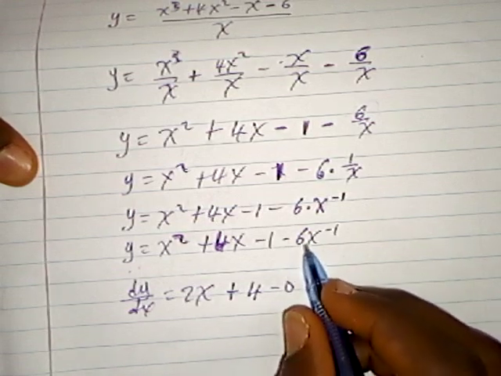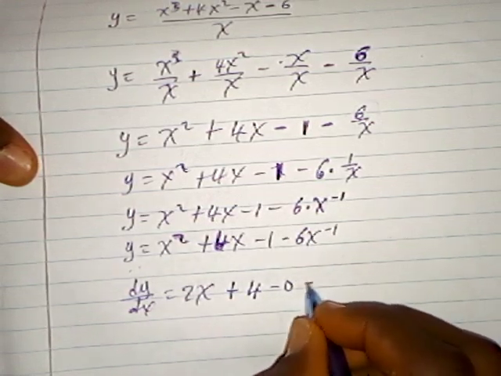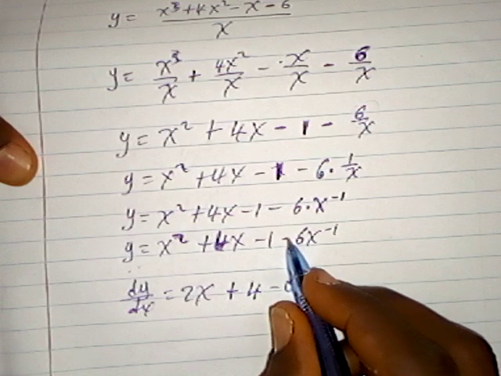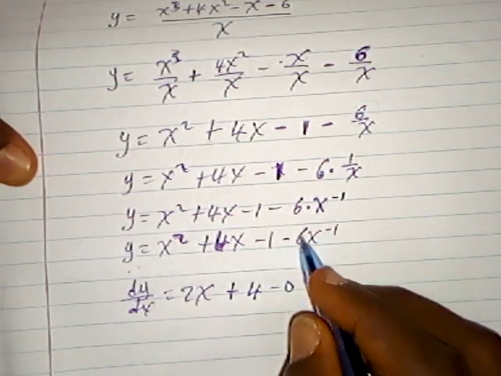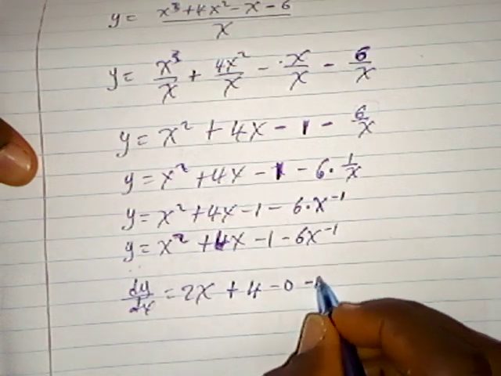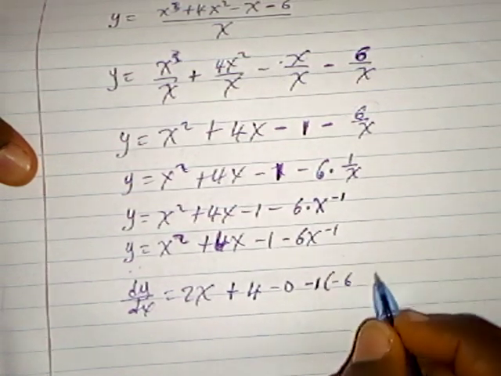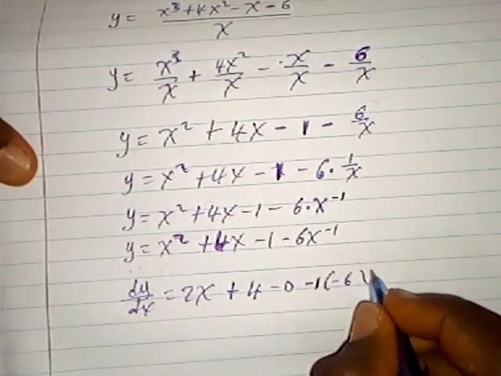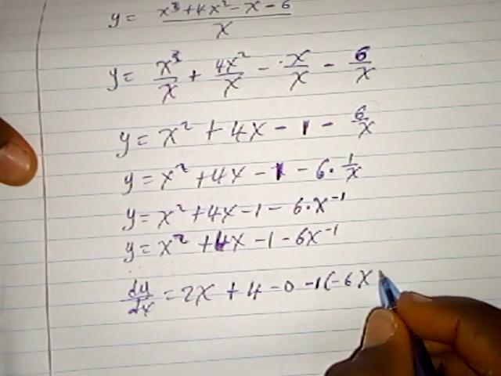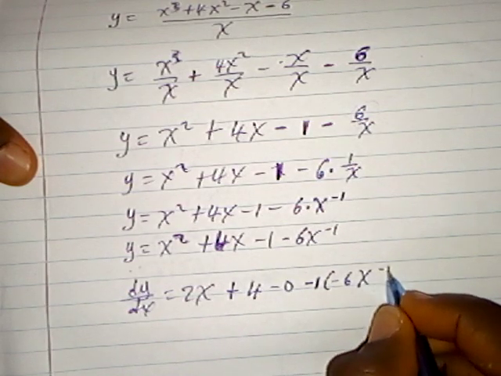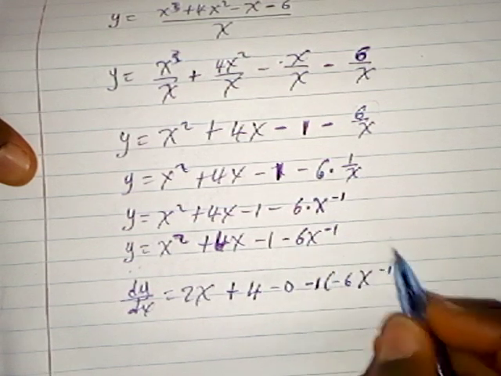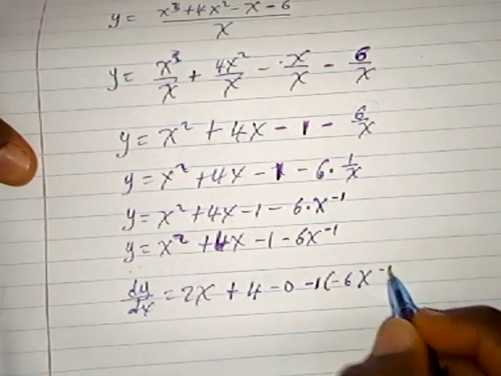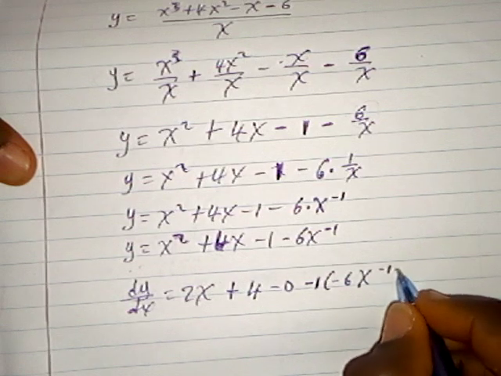Here, what are we going to do to differentiate? There's a negative sign already, and we multiply by the power. So minus 1 multiplied by minus 6, x, and we subtract the power by 1 because that's the rule.